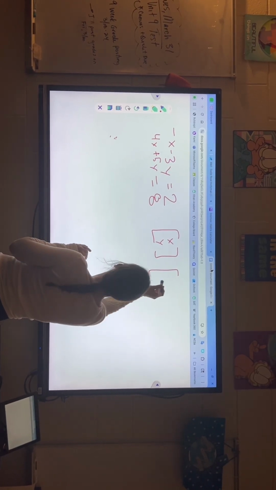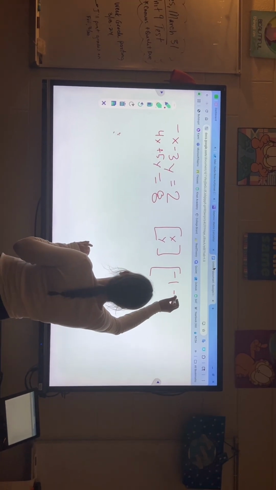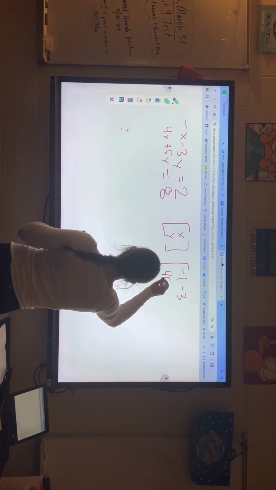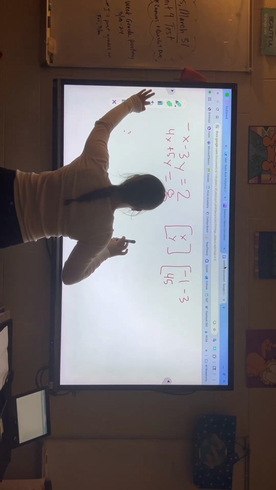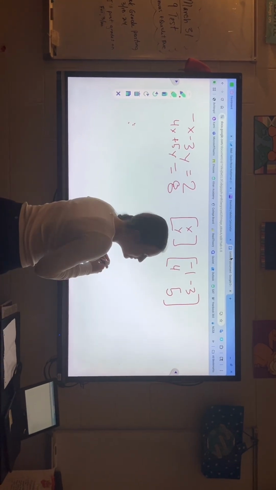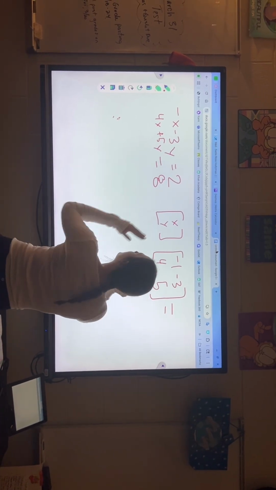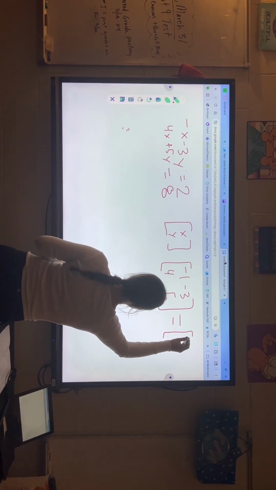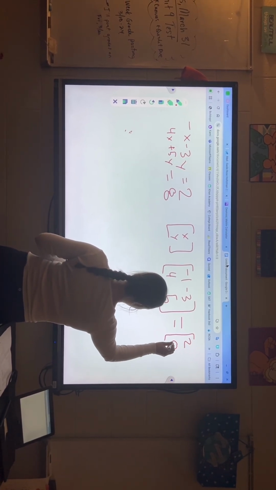So -1 and -3, then 4 and 5. This equals the right side of the equation, so 2 and 8.